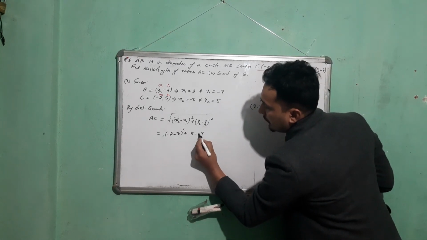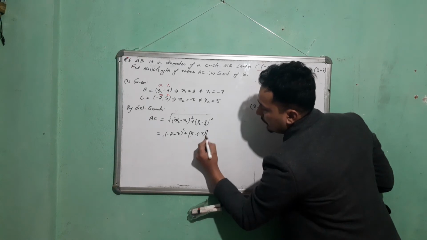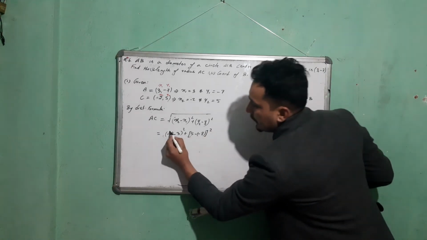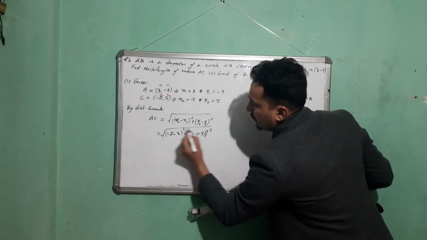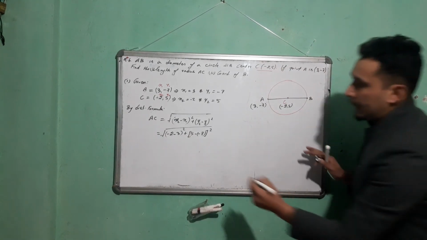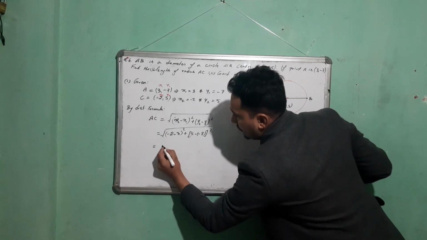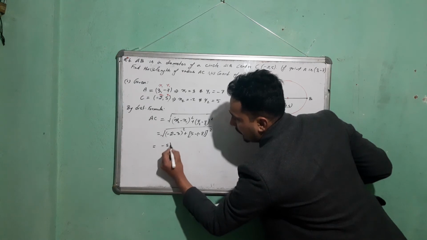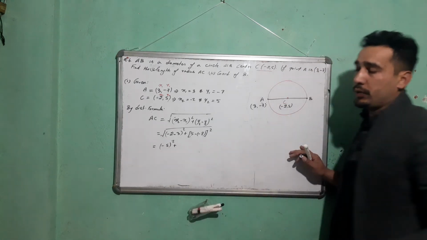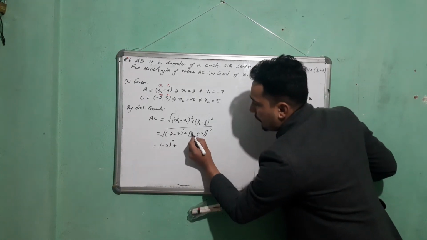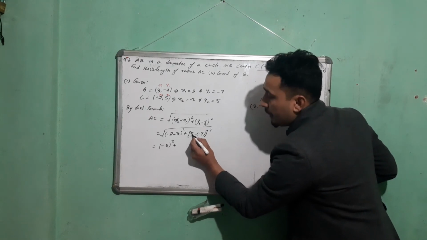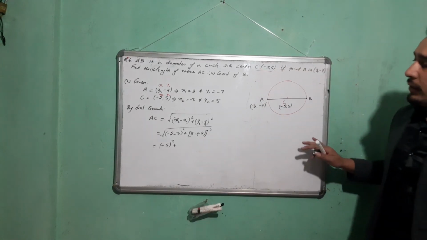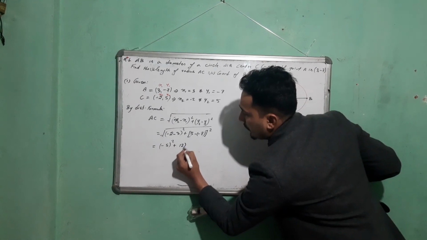So minus 7, I'll put this within that, and you have to put this square, within the root also. Minus 2 minus 3 gets added, it will be minus 5 square, remains as it is. Plus 5 plus 7 will be 12, and square is there.